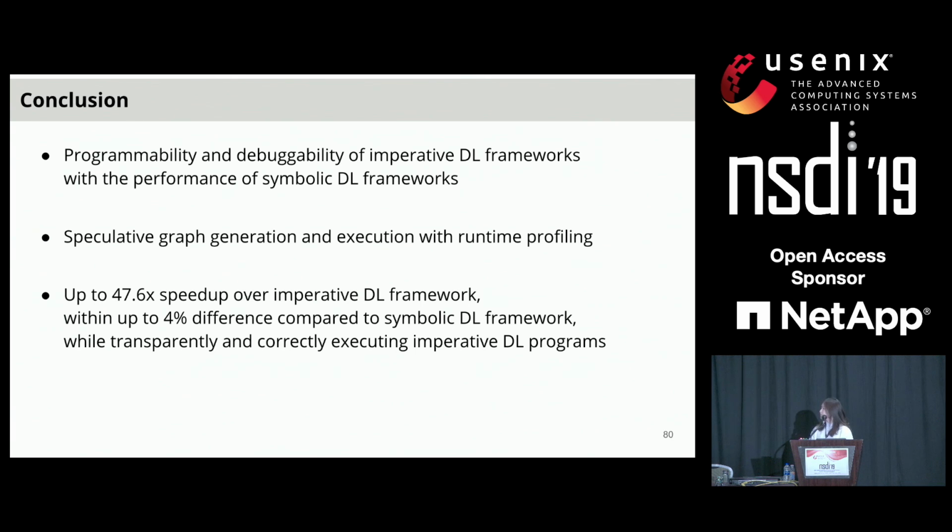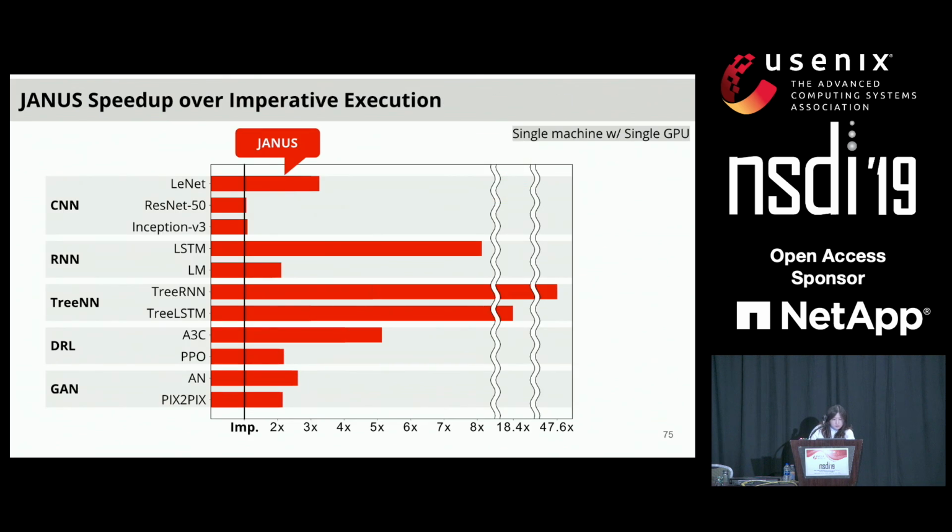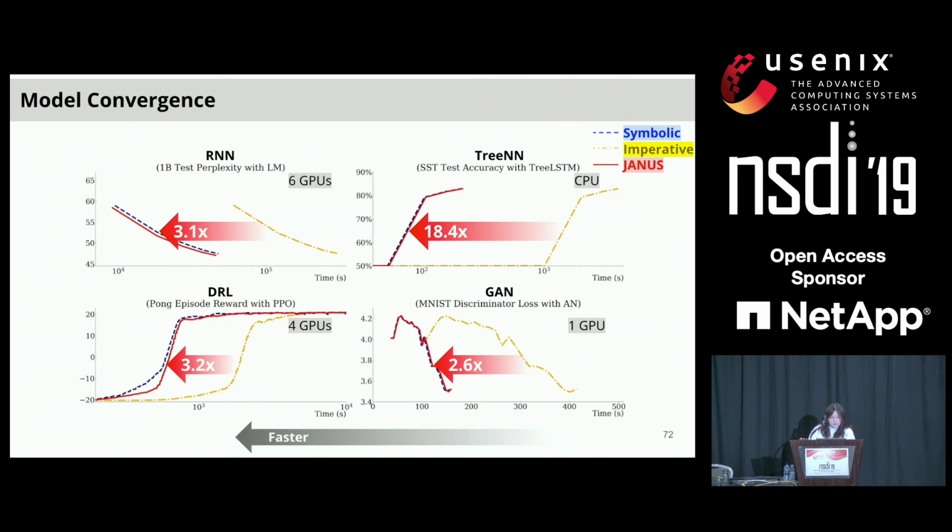I have a quick question. In those plots, when you showed RNNs, it seemed JANUS performs even better than symbolic execution. What's the reason? If you go back to the slide with 4 plots, keep going back. Yeah, here. JANUS is even better than the symbolic execution in the top left plot for RNN. Why?